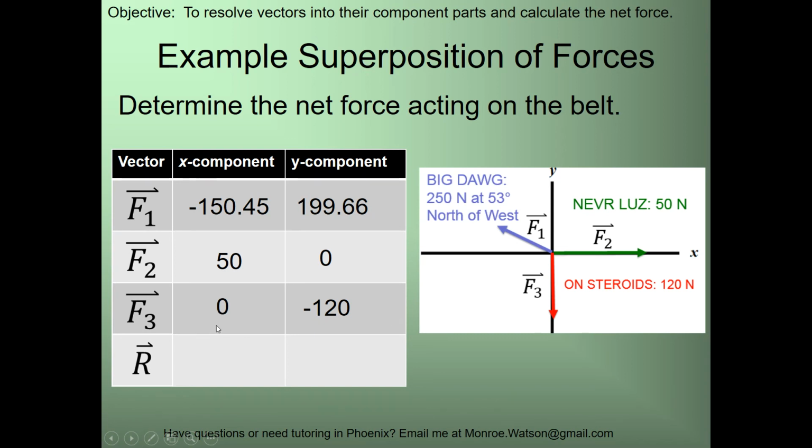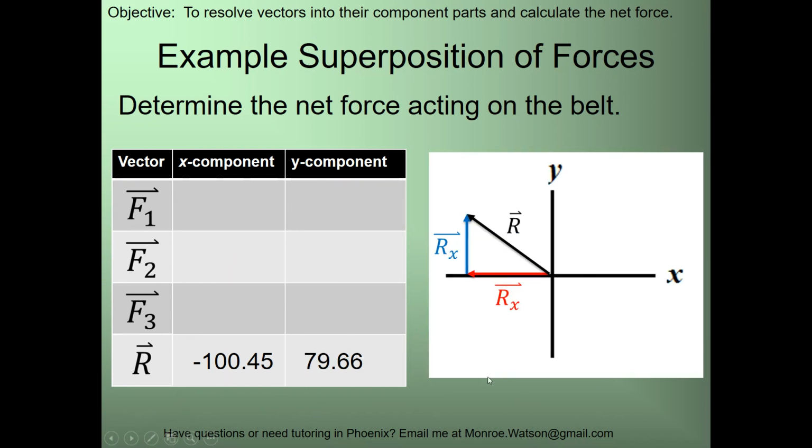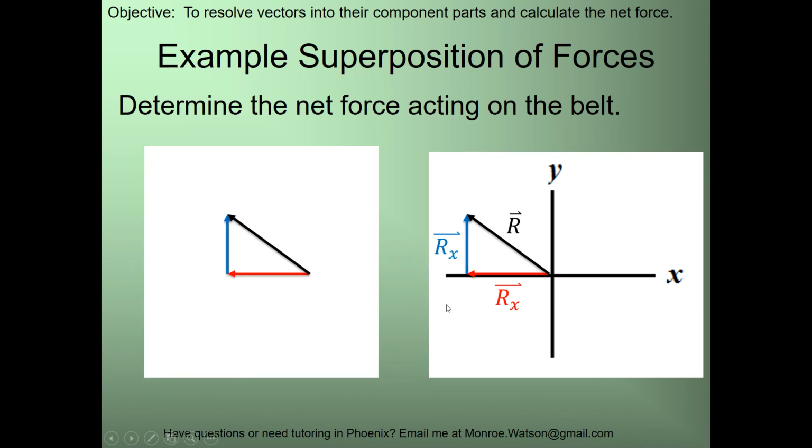So the next step, I want to add up all of these two columns, and I get a new x and y. I get an x component of a negative 100.45 and a y of 79.66. And what I can do with this here is I can create a new vector that's going to go in the negative direction, 100.45, and go up at 79.66. Now I've created a new triangle. From here, it's just the same old routine that we've done with vectors before.